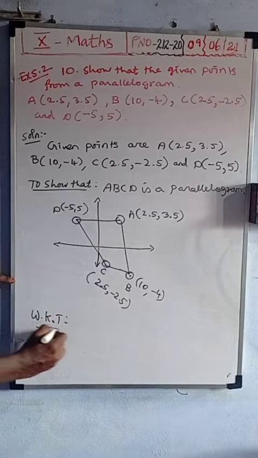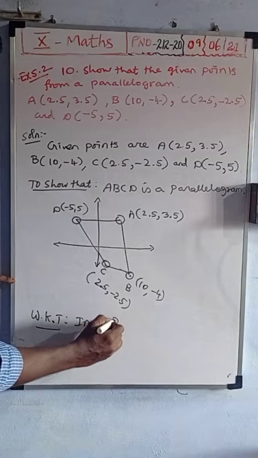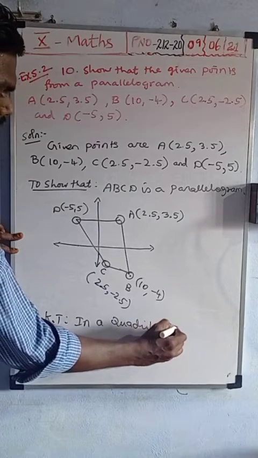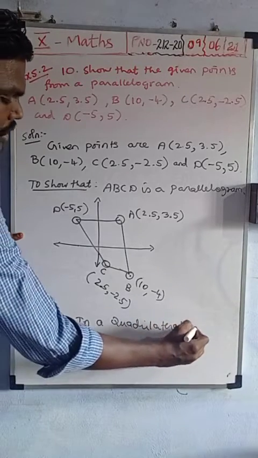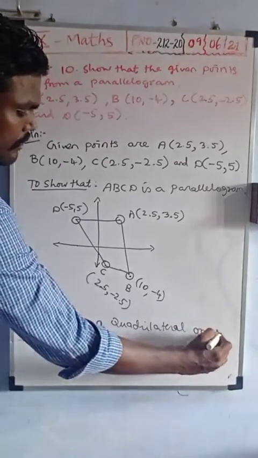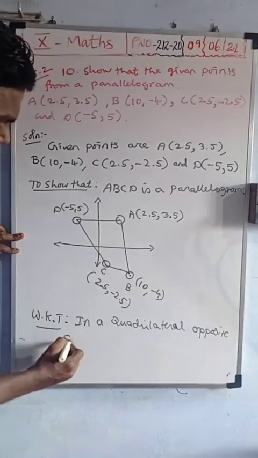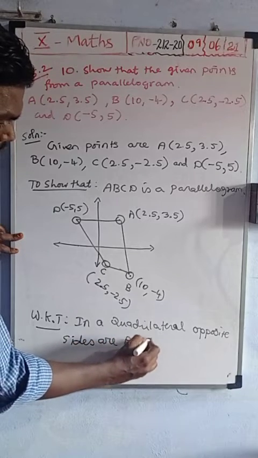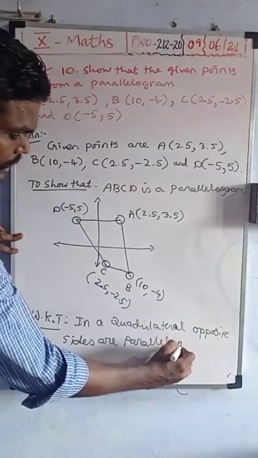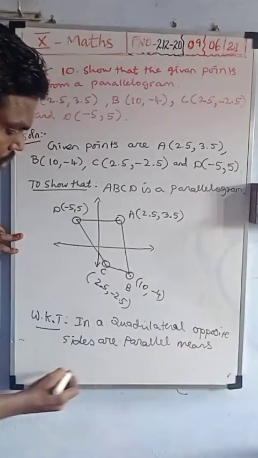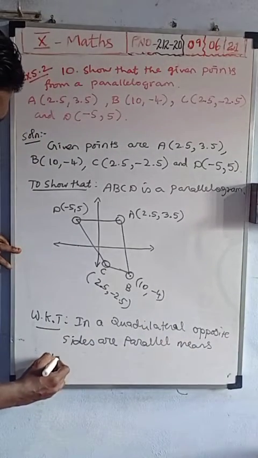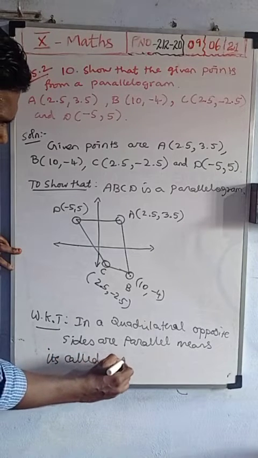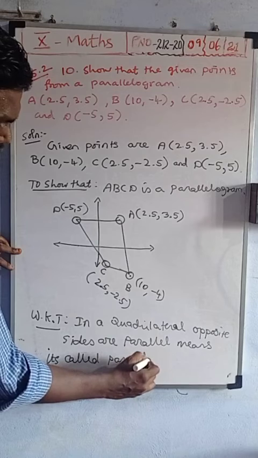We know that in a quadrilateral, if opposite sides are parallel, it is called a parallelogram.